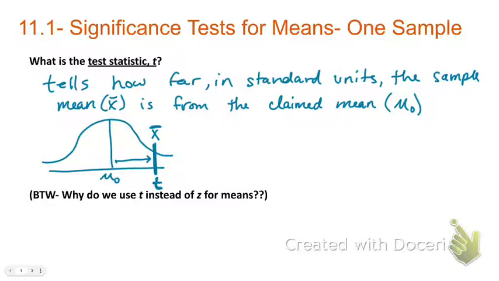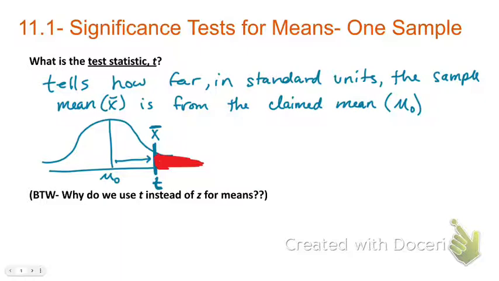Now, there's also something else that the T-test statistic does that's super important. It cuts off a very special area. What is the area that is as extreme or more extreme than the sample T that we got?